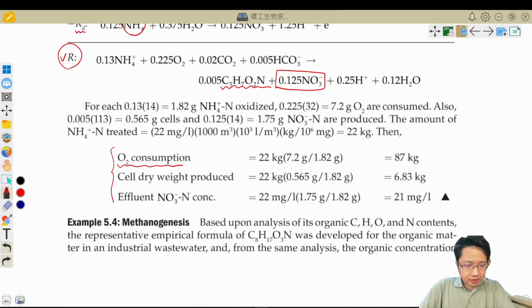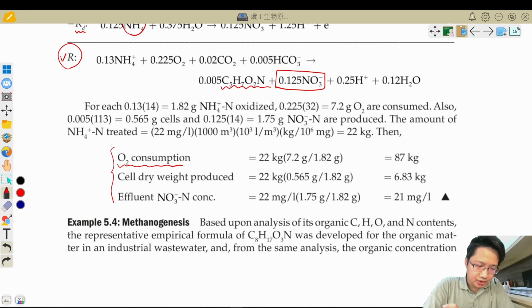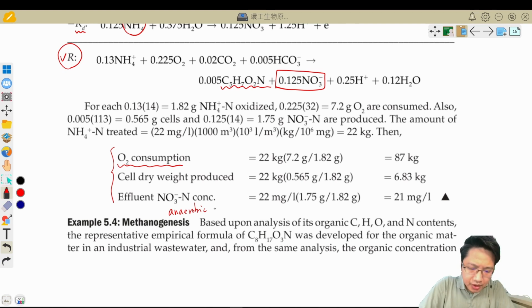Okay, our next example is about the methanogenesis reactions, which we will introduce later, used for anaerobic microorganisms. They are generally using organic substances, but they are using them anaerobically.